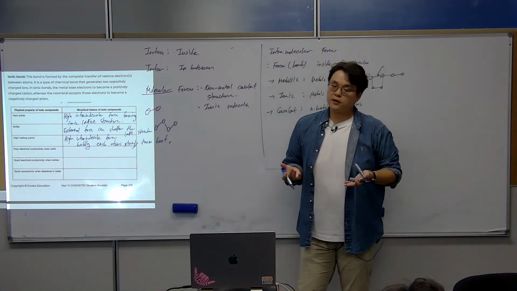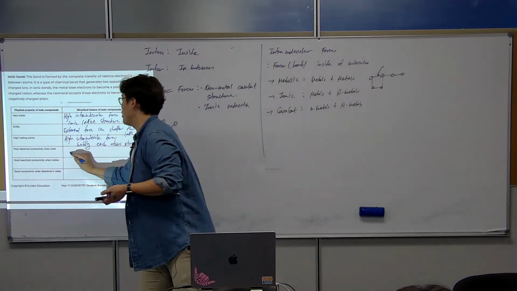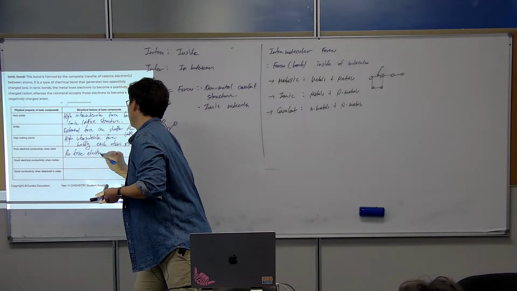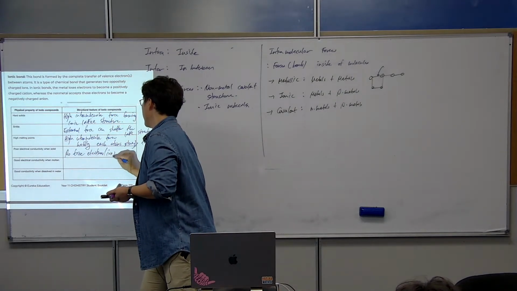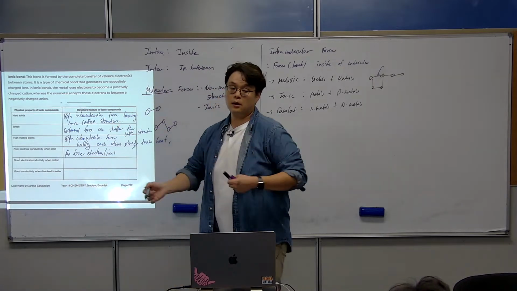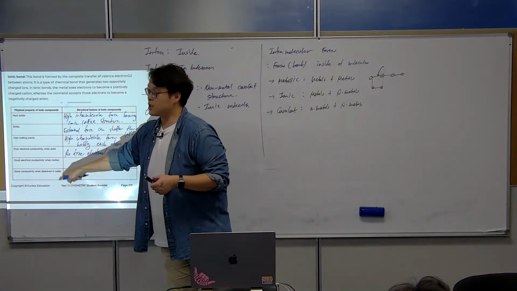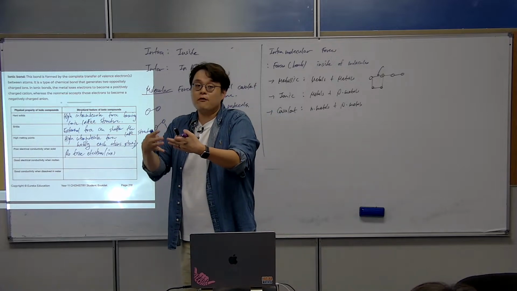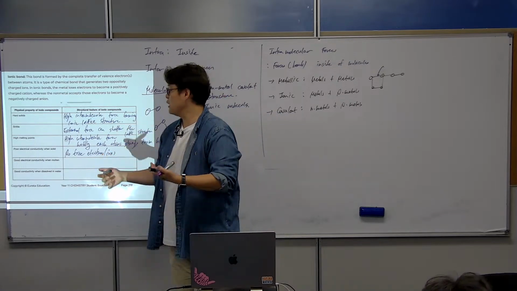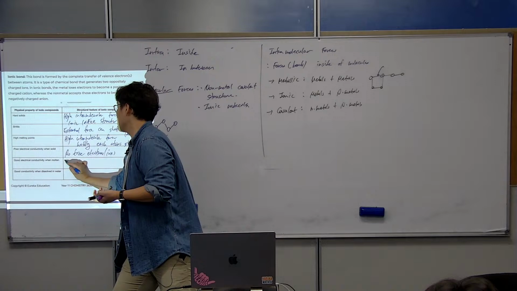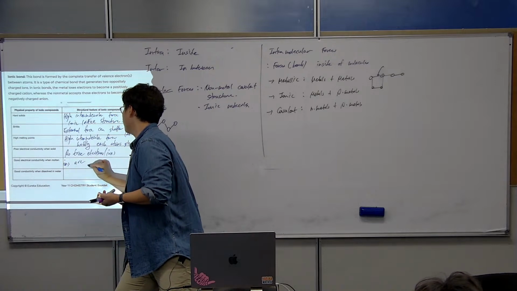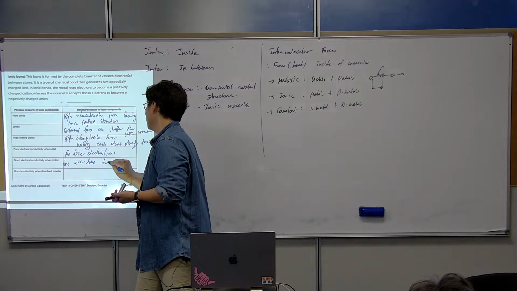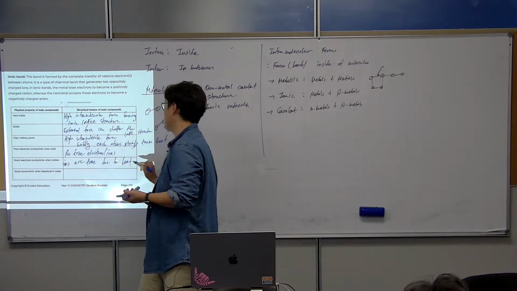Poor electroconductivity, as we discussed before, because there are no free electrons or ions available. However, when it's molten, when we apply lots of heat and get a liquefied, liquid salt, that means some ions are free due to the heat.